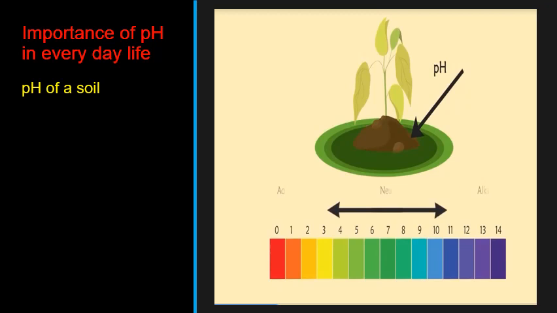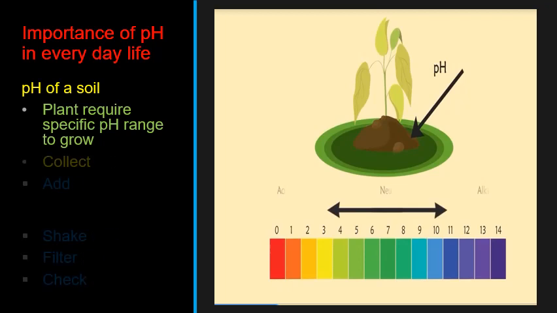Some plants grow very well, some don't, based on the pH values of the soil. Each plant requires a specific pH range to grow. It does not grow in acidic soil, or in basic soil, only in a specific range.